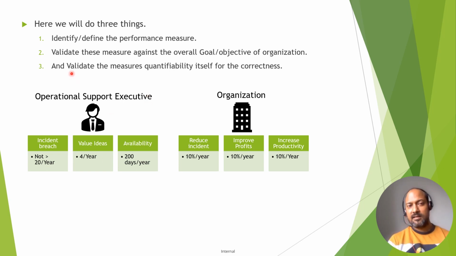Now, the third step is to validate the measures' quantifiability for correctness. The important thing is how the organization reached the conclusion that these three will be the key performance indicators for the operational support executive role.